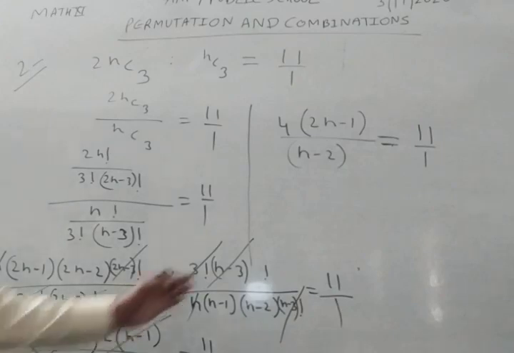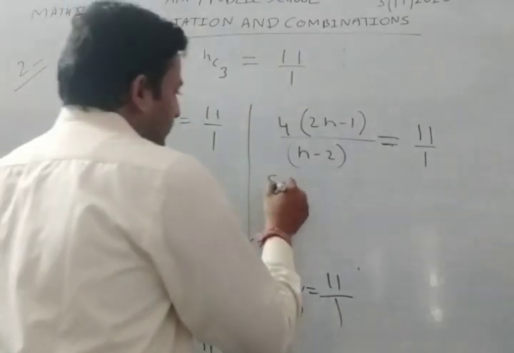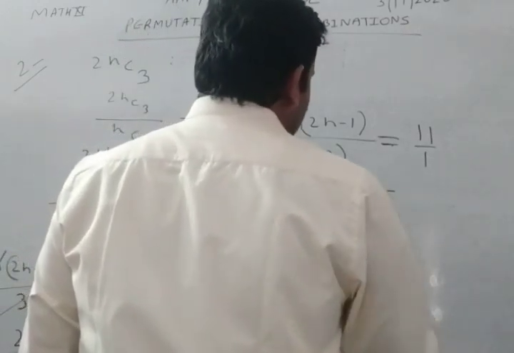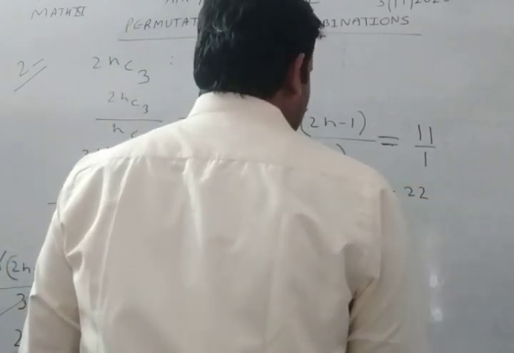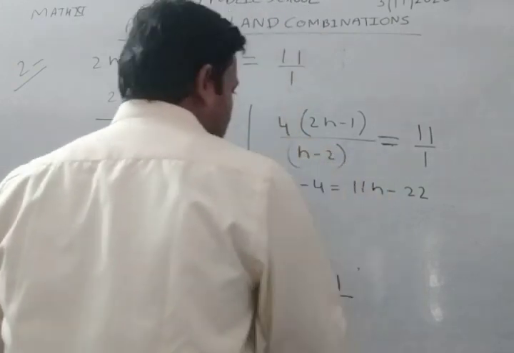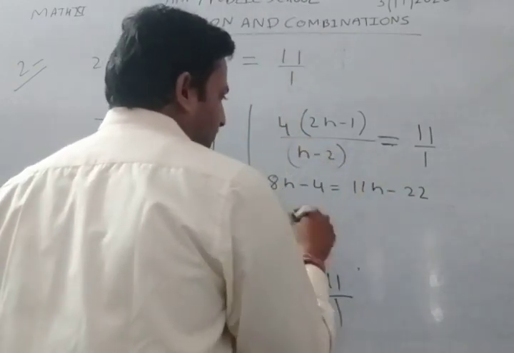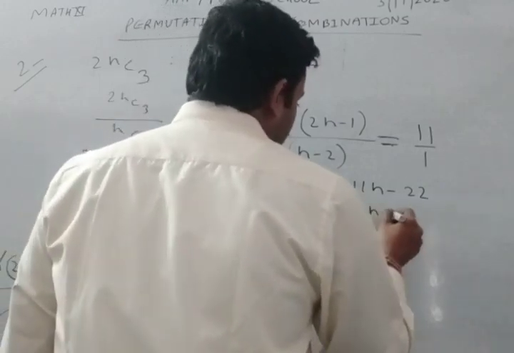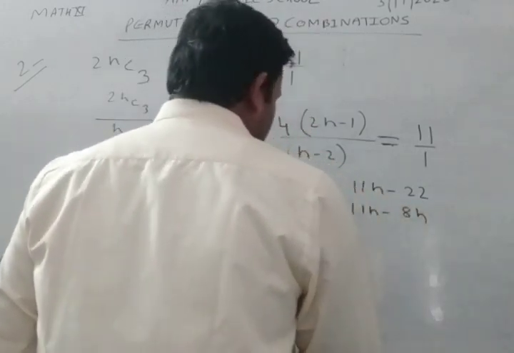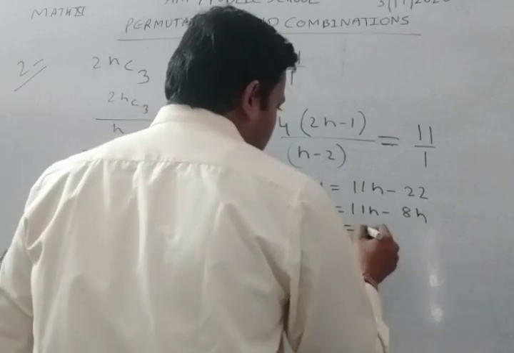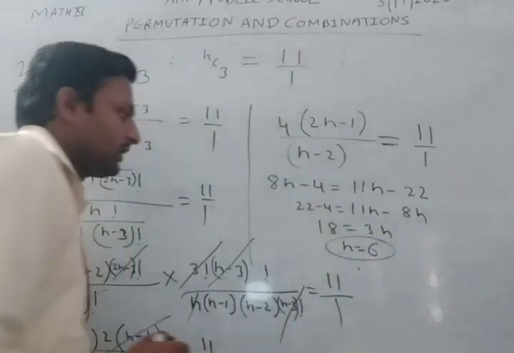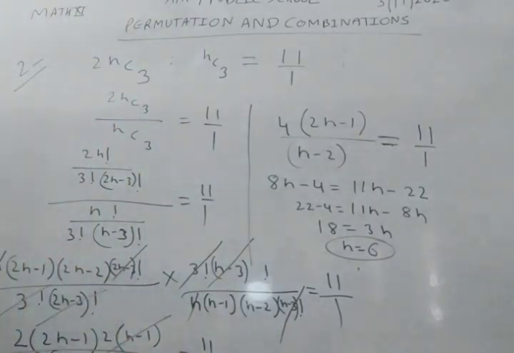Now we will multiply both sides. So you get 8n minus 4 is equal to 11n minus 22, and this will come to this side. We get 22 minus 4, 11n minus 8n, and this will be 18 is equal to 3n. So n is equal to 6. It will be our answer.